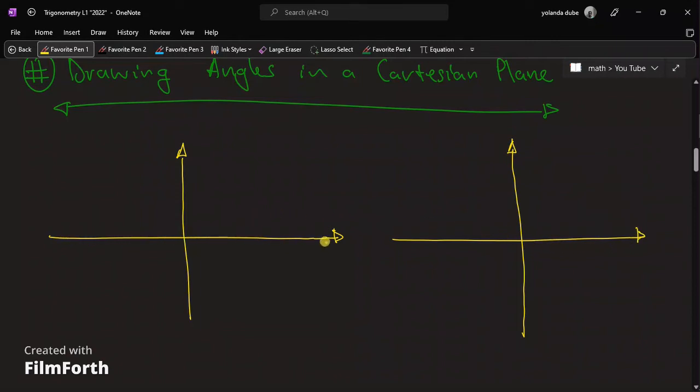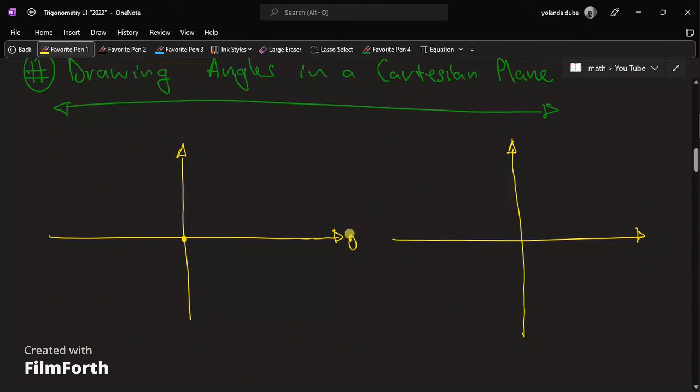Instead of labeling the x-axis and the y-axis, when we are drawing angles in a Cartesian plane, we do not label here x and there y, but we just label here as 0, which means the positive x-axis acts like the 0 of the reference frame that we're using.